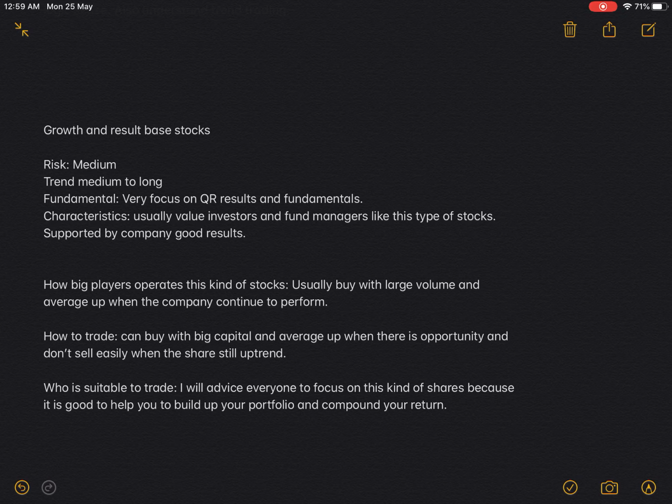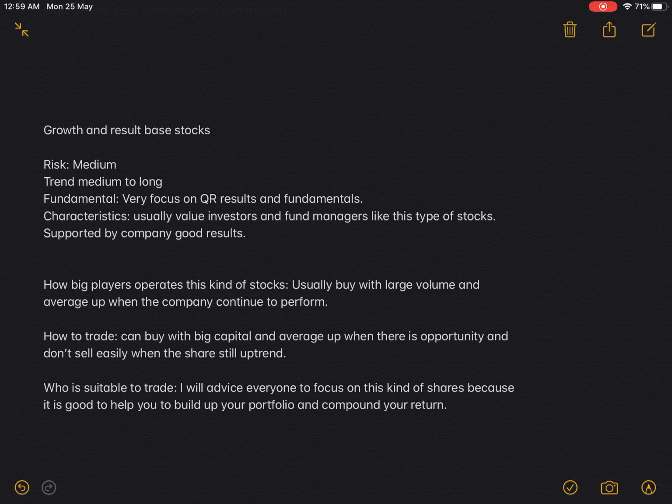Usually these will be manufacturing counters, semiconductors, technology counters, and even plantation counters that are really producing goods and selling goods. It is really based on results. Like glove counters, also one of the growth and result based stocks, because of the demand and supply. So the QR keeps on getting better and better.